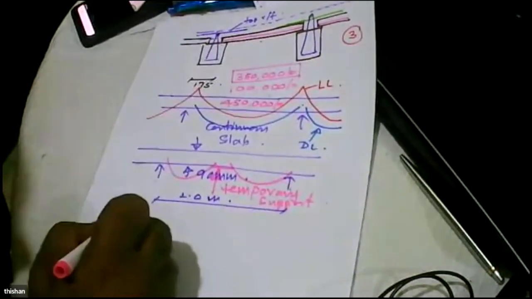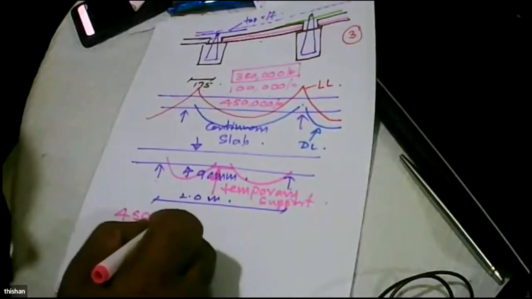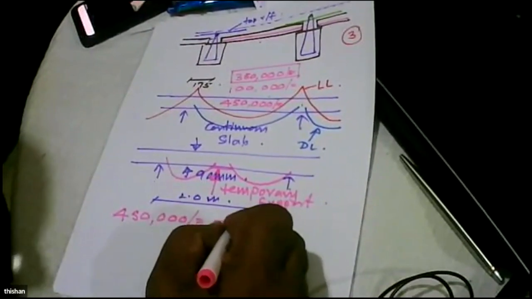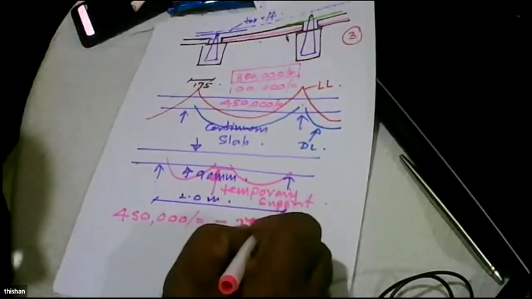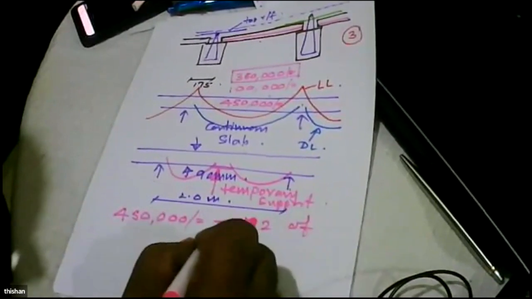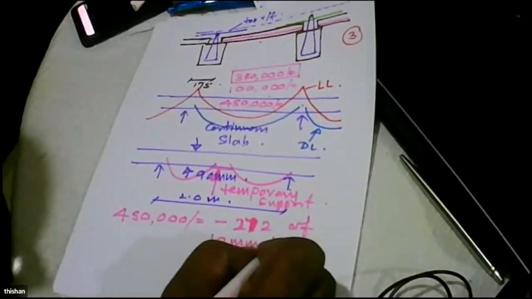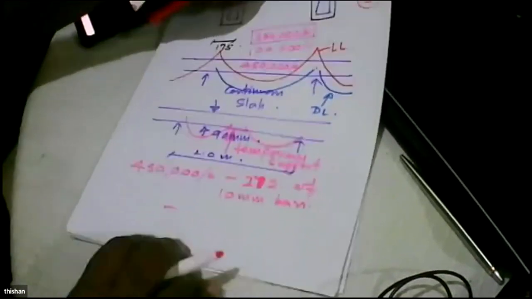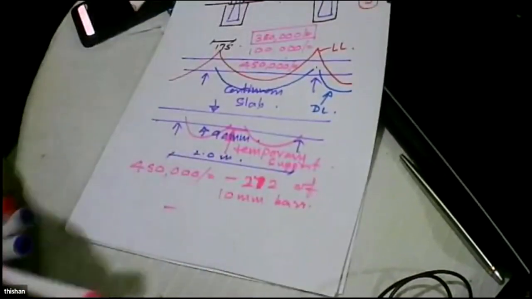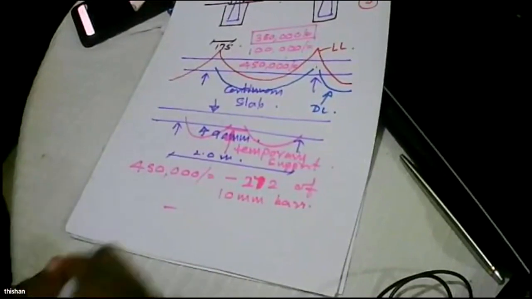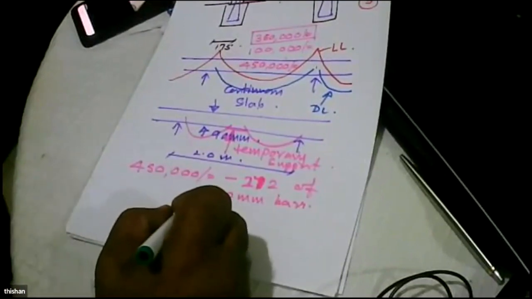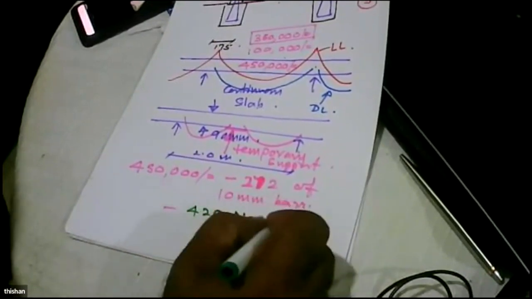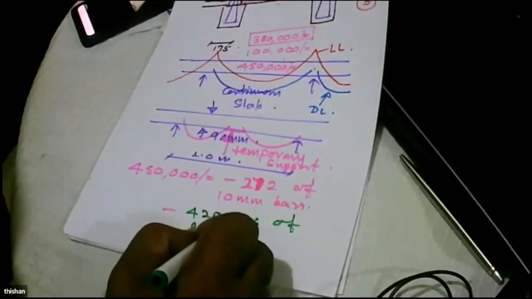For how many bars? For 272 of 10 millimeter bars, or it means 420 numbers of 8 millimeter bars.